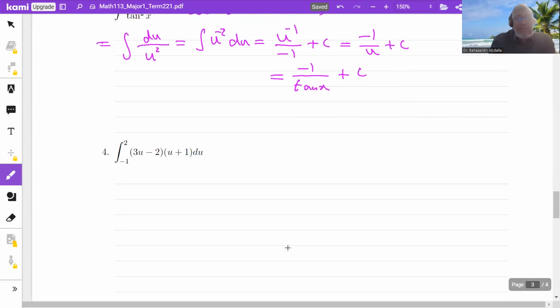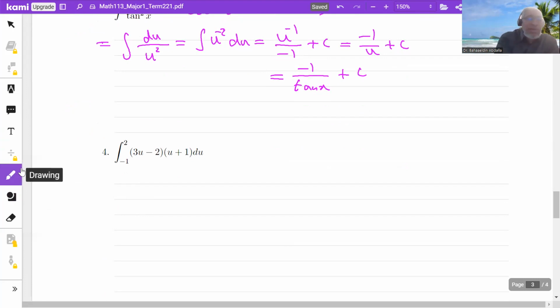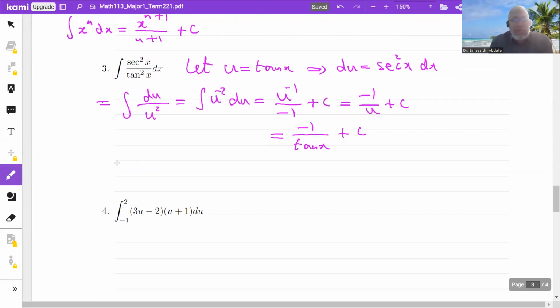Well, to find this integral, I need to expand, because the integral, the definite integral, or the integral in general, you cannot distribute the integral if you have products, only if you have plus or minus. So it would be from negative 1 to 2.